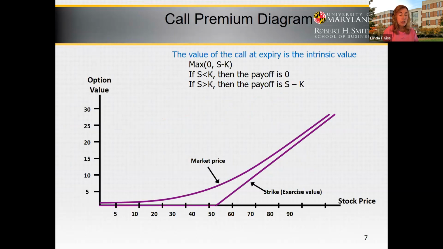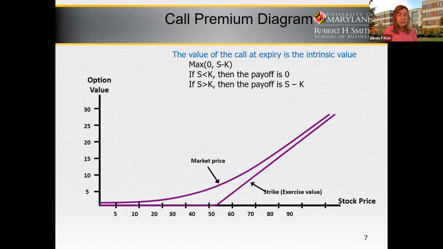The option is worth the intrinsic value, which is the maximum of the stock price minus the strike, and 0. The intrinsic value and the option premium are never negative. You're not forced to buy the option at the strike when the stock price is lower than the strike. That is why an option is known as an option.